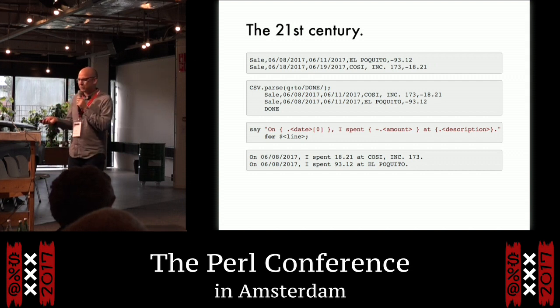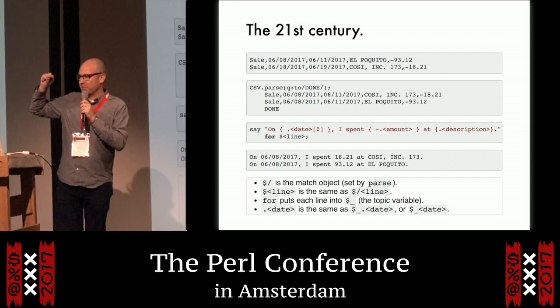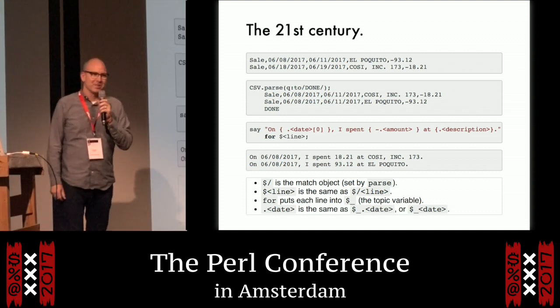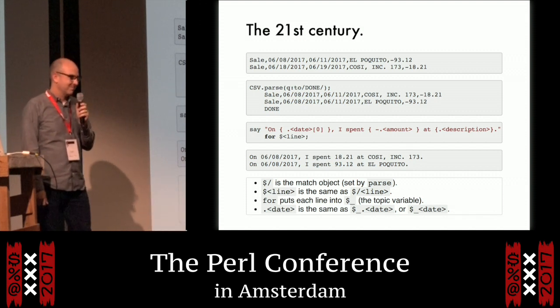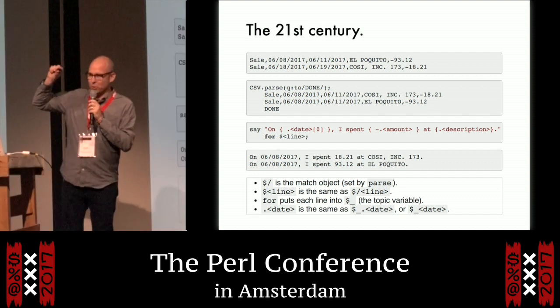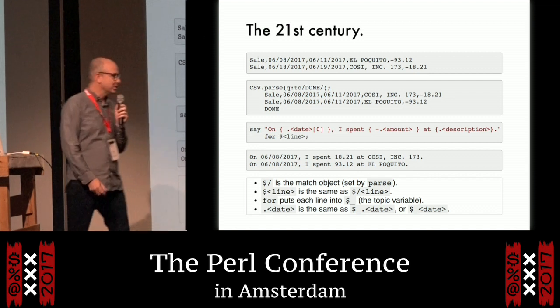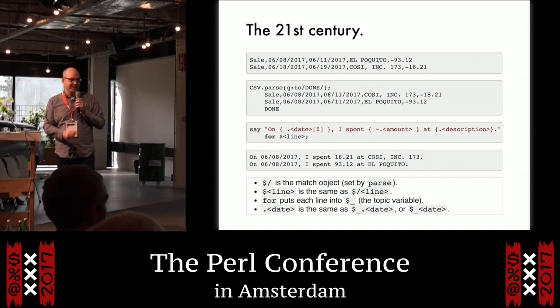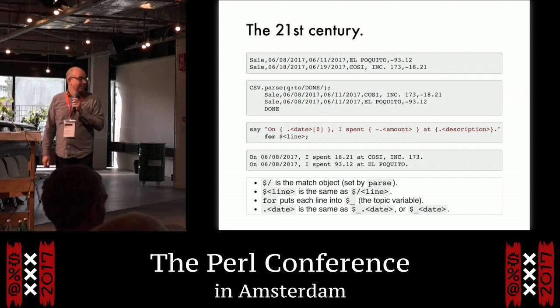So if you're new to Perl 6 grammars, some of the syntax may be a little odd, but essentially in Perl 5, we have the $_ topic variable. In Perl 6, we also have the $/ variable. And $<word> is the same as looking something up in $/. So this goes through the list of lines, and notice that the fields are just named right after the tokens and the regexes that we just created.